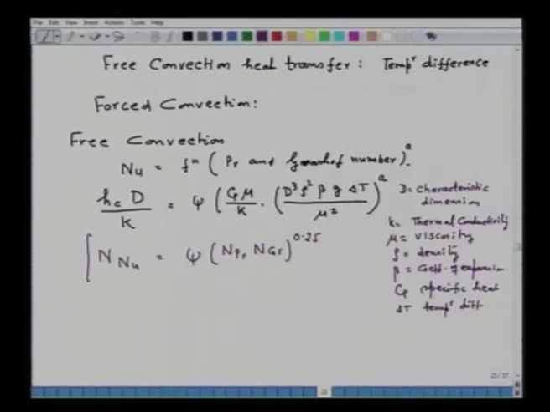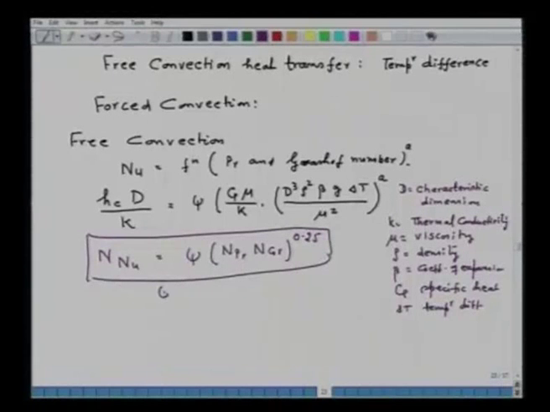So, this is the correlation for free convection heat transfer. However, here and there the values of the exponent and pre-exponent vary. For example, the value of Z is equal to 0.53.